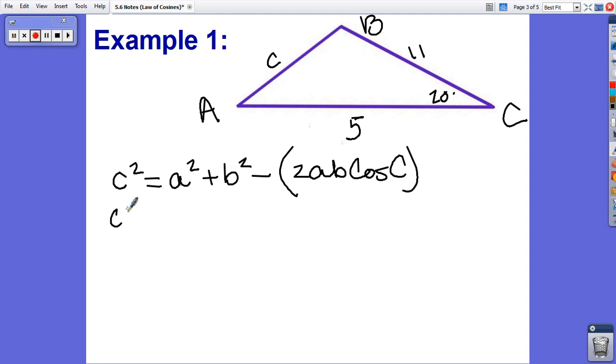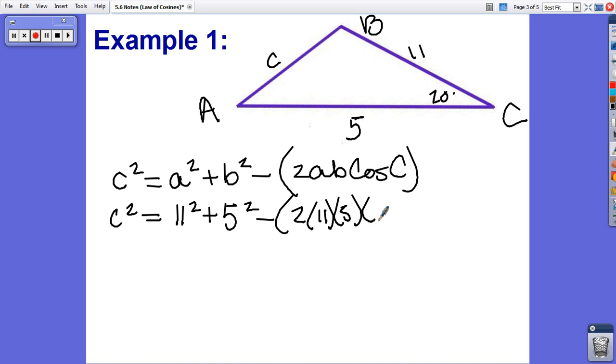So c squared we don't know. A is 11 squared plus b is 5 squared minus 2 times 11 times 5 times the cosine of c, which is 20. I can fill 20 in there.